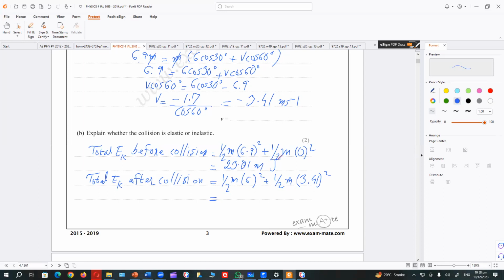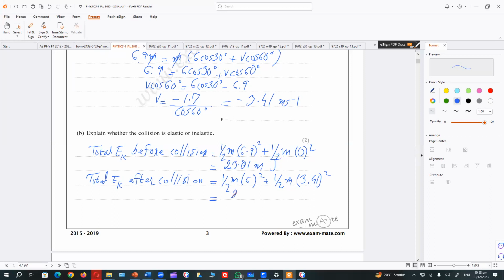Then the second calculation is 18 plus 5.81. I just added them.